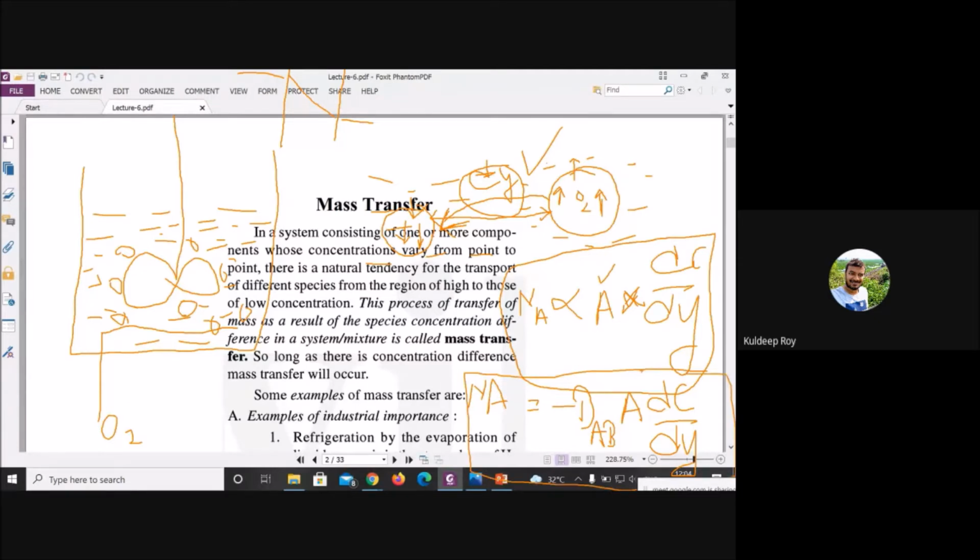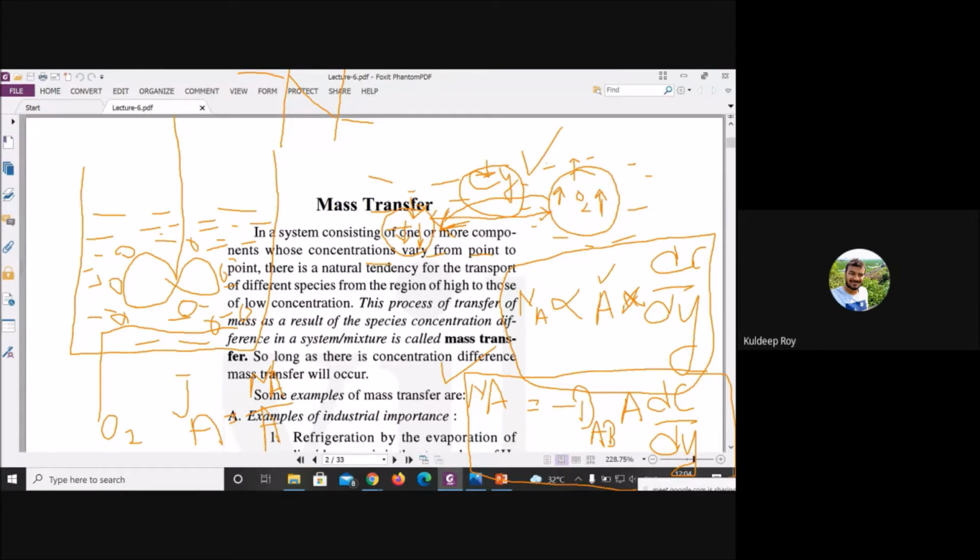We have read the same thing in heat transfer. Similarly, if somebody asks what the flux is, you have to do nothing. J is denoted by flux. J is equal to Na divided by A. Please note down, Na is the rate of mass transfer and J is your mass flux.